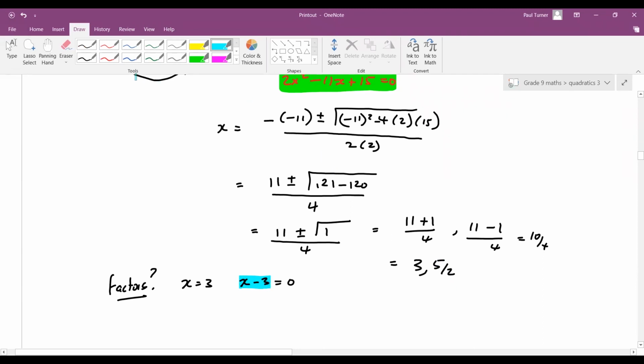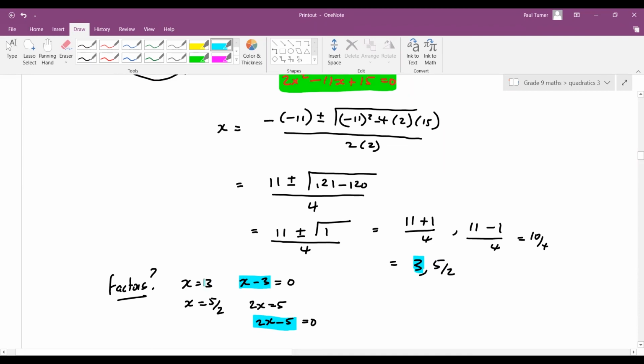The other solution was x equals 5 on 2. Multiply both sides by 2, you'll get 2x equals 5, so 2x minus 5 equals 0. That's the second factor.